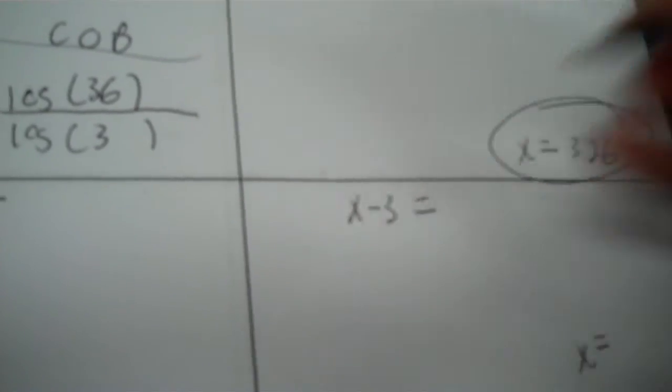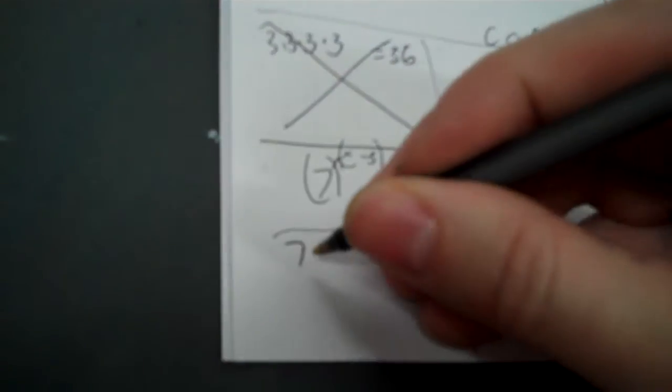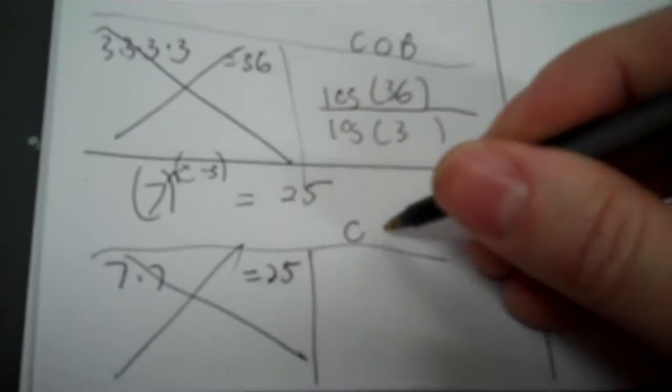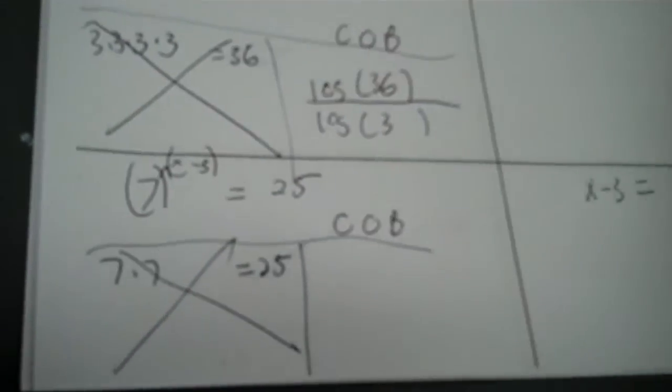Okay, my next problem, solving for the x. So again, I make the v, I parenthesize the exponent and the base. Okay, so the exponent is x minus 3 this time. Okay, so there's 2 ways to do this. One is to try to multiply 7s, factors of 7 repeatedly to get to 25. Okay, that's 49, so that won't work. So we have to do the change of base formula.